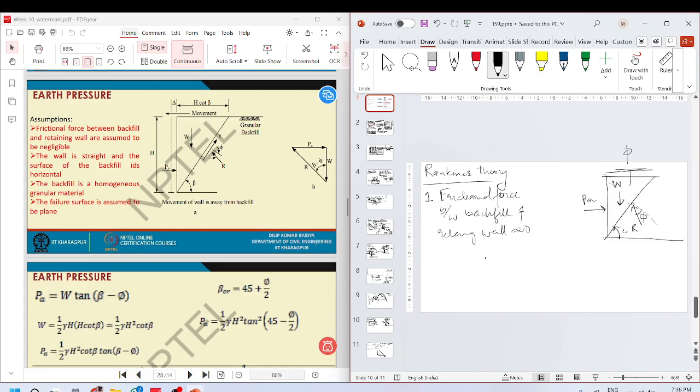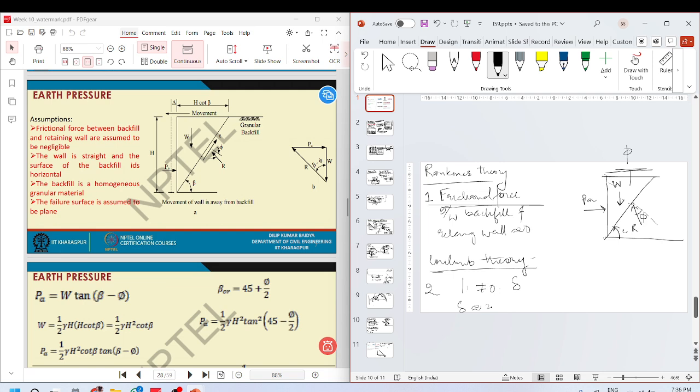Okay, but in Coulomb's theory, you take that the frictional force, the angle of friction between wall and soil, is not equal to zero. You take it as delta.